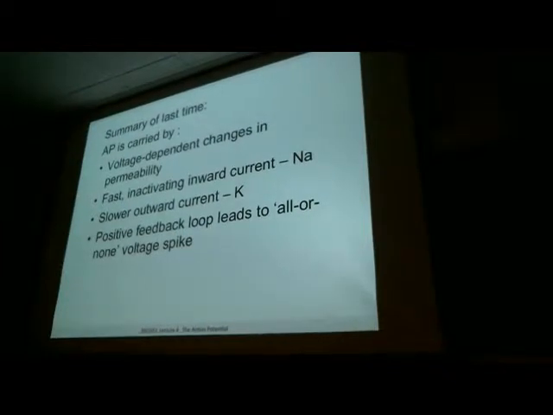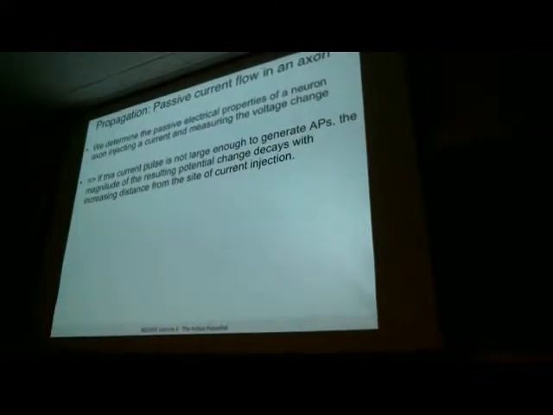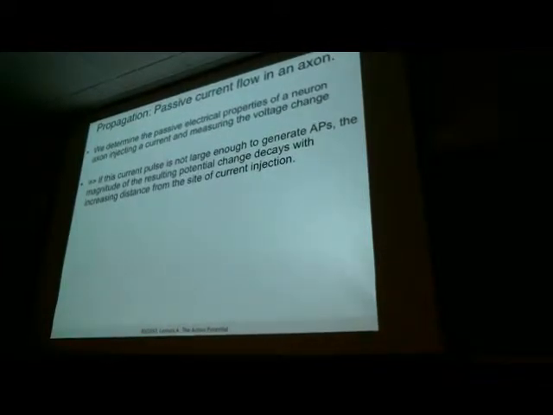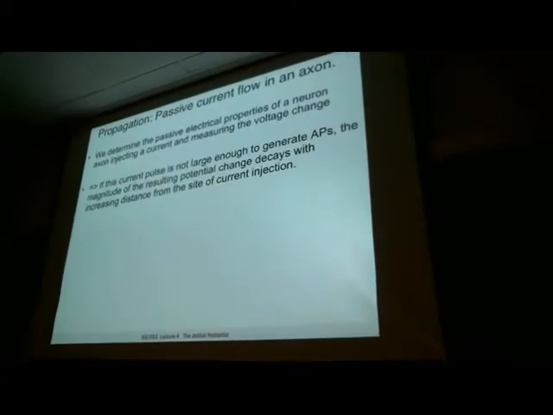All right, so basically you have this positive feedback loop, because depolarization leads to more opening of sodium channels, which leads to more depolarization, and you get this all or none effect. So why do we need this all or none effect? The main reason is that you need to get your signal from point A to point B, from your brain to your toes, and it needs to be very fast.